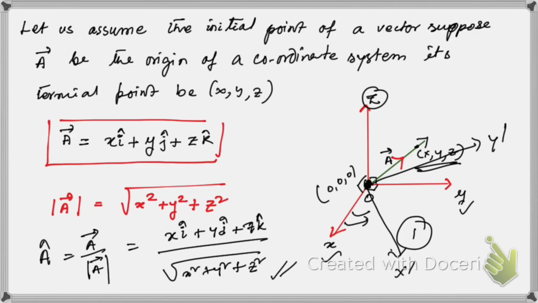We have rotated the axes about the z axis, that means we haven't changed the z axis, and just rotated this system about it. Then we are going to see what the change will be in the coordinates of this point, and whether the magnitude of this vector changes or not, and what happens to vector dot products. Is the vector dot product variant or invariant under rotation? Those things we are going to discuss in the next video.